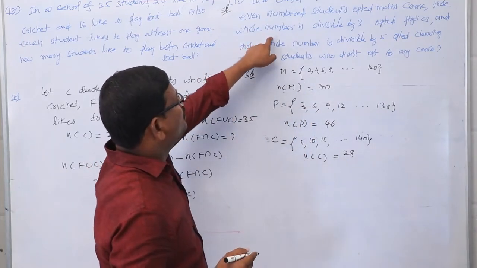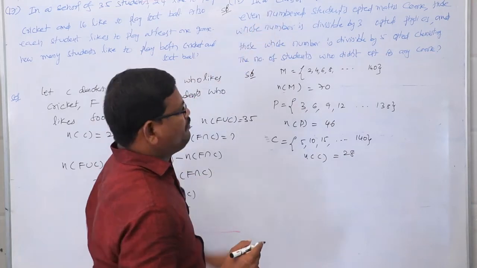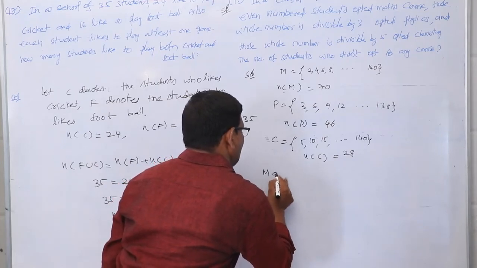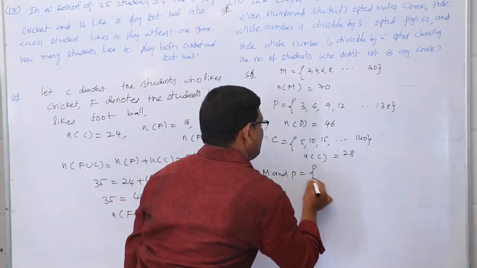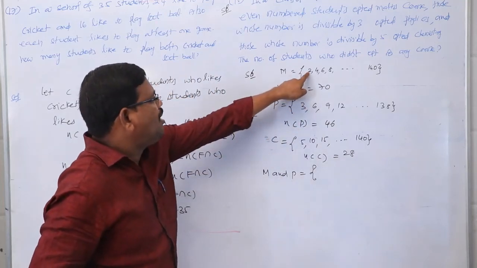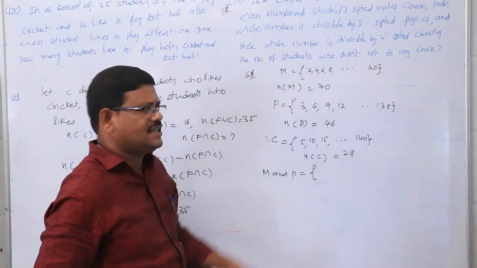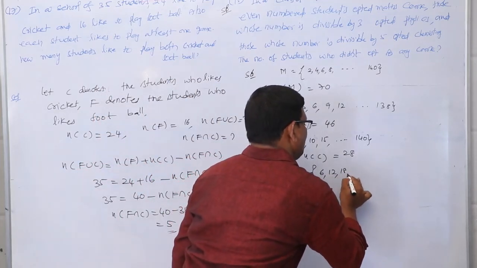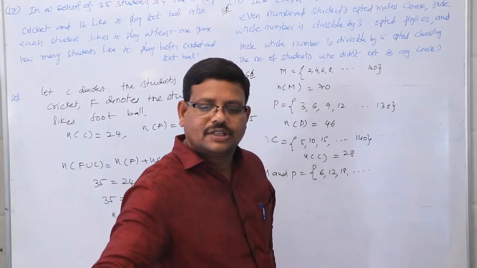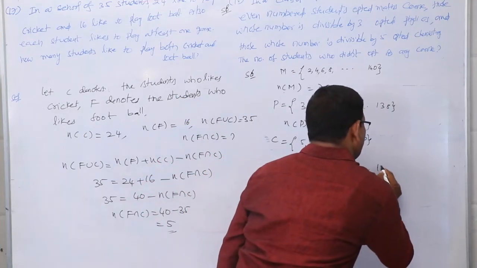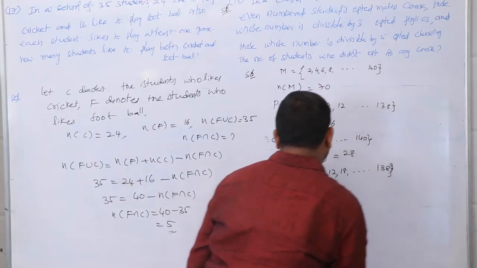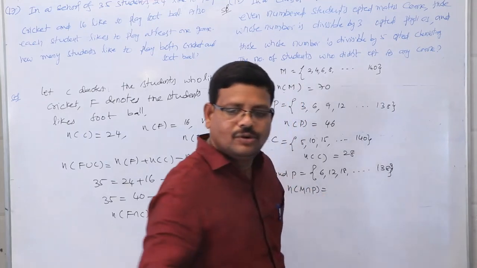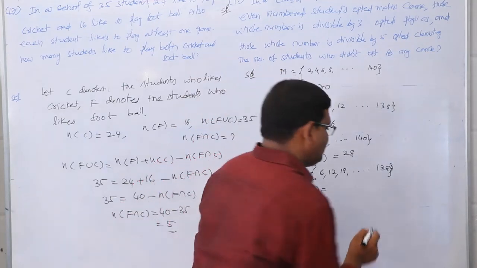So those students who are joining maths and physics: the LCM of 2, 3 is 6. Therefore, 6, 12, 18, up to 138. Therefore, number of M intersection P equal to 23.